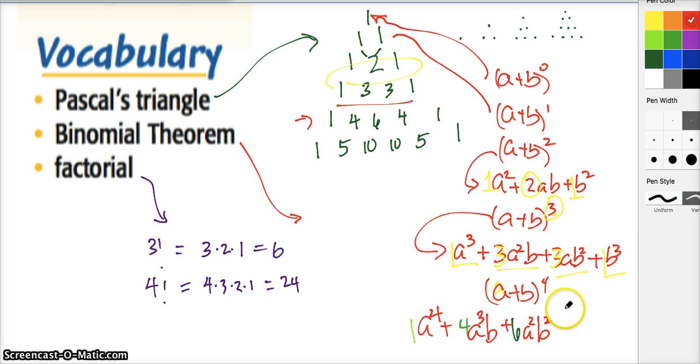A diminishes, b increases, plus 4a to the first, b to the third, and then finally plus 1b to the fourth.